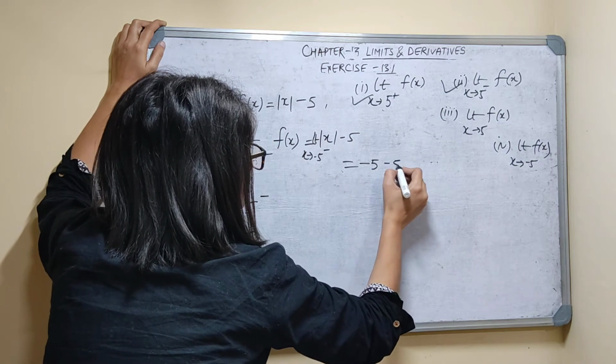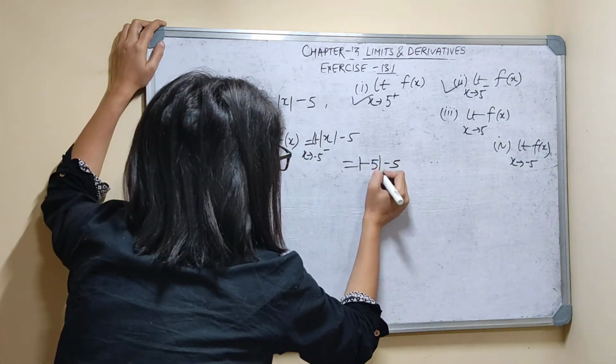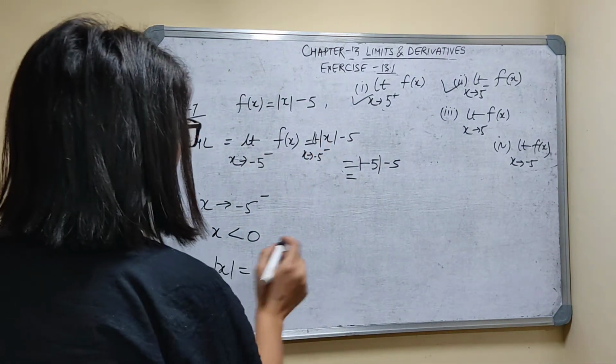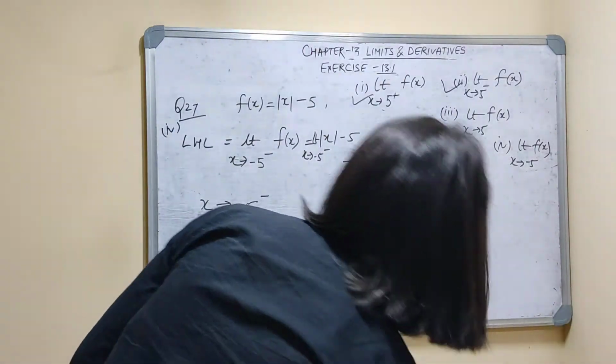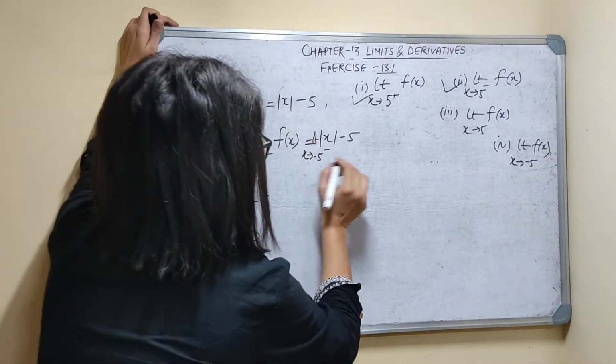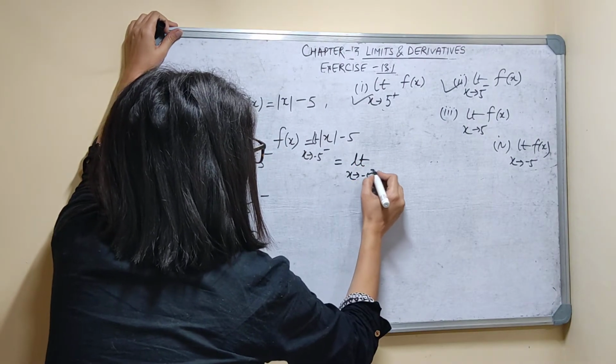Minus 5 minus 5. Mod of x, that is minus x. Now see here. First you see, limit x tends to minus 5 minus.